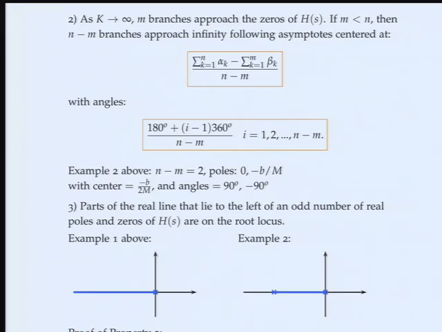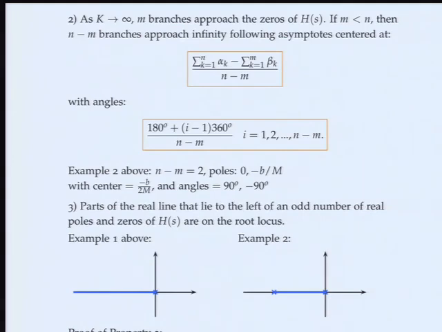There are small m destinations. Those are the zeros that you can go to if they are there. But there's an excess, n minus m. Those have to go to infinity following some asymptotes, right? So therefore, you're going to have n minus m asymptotes going to infinity, and the poles will follow those asymptotes and blow up.